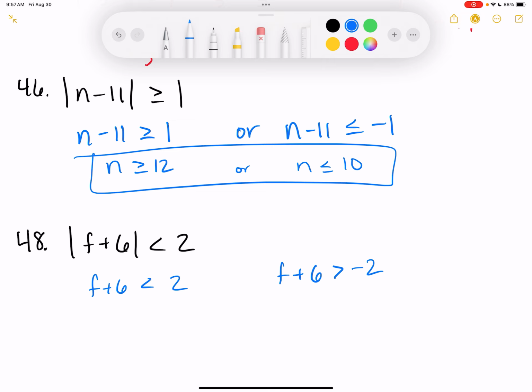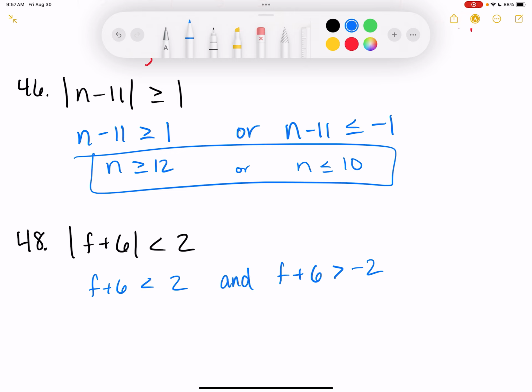If it's and, you can share it. How about land and gore? Yeah, land and gore. Less than is and, greater than is or, so land and gore. So the earlier one was greater than, so it was an or problem. This one is less than, so it's an and problem.